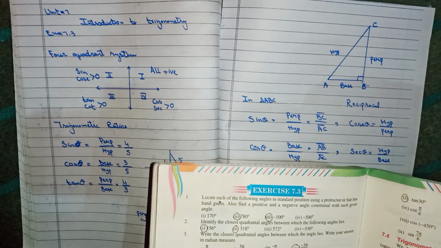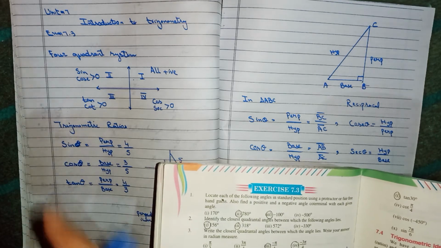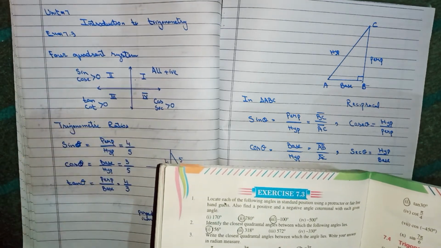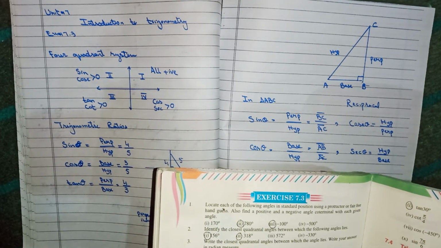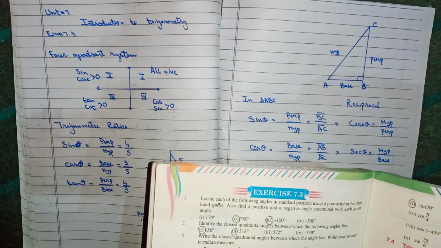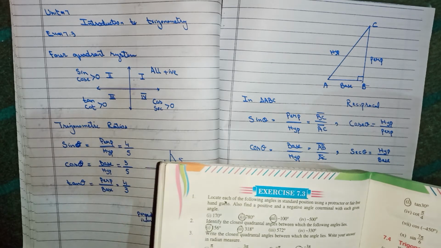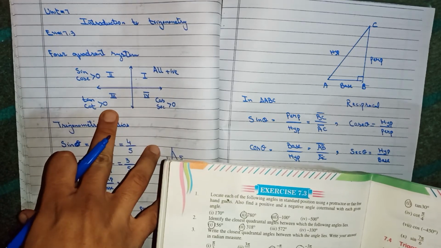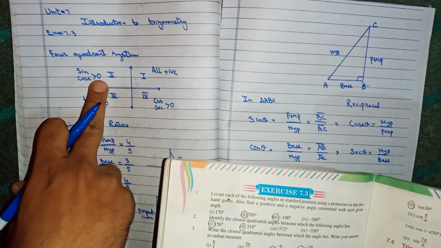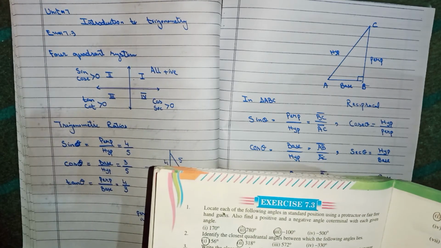And the fifth one, cosecant positive, cos positive: they will be in the first quadrant because in the first quadrant both are positive. Fourth one, cos negative and tangent negative: cos and tangent are negative in the second quadrant, so we will write second here.